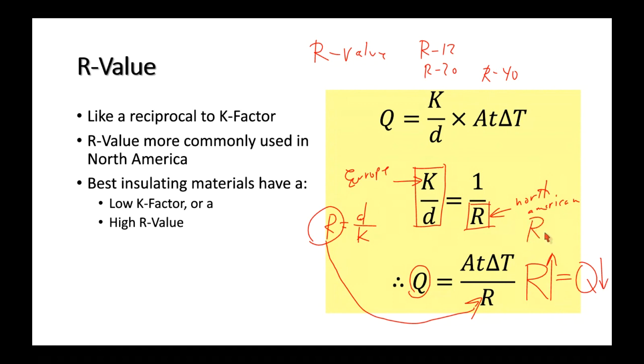Or I could write it this way: big R is equal to a small Q. Or if the R value is small, then we've got a big Q. So they're inversely proportional. Now, I don't know if you did any work in thermal with R values as well, but I think you need to know this, that the low K factor is a good insulator, or high R value. Why? Because of their position with regard to whether they are in the numerator or in the denominator.